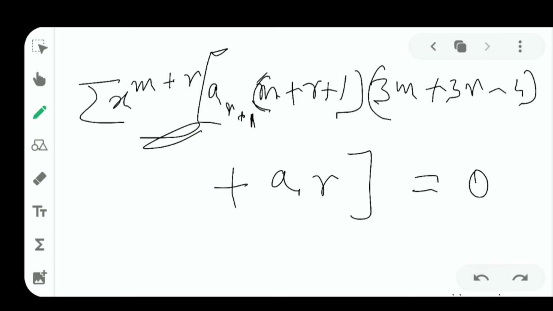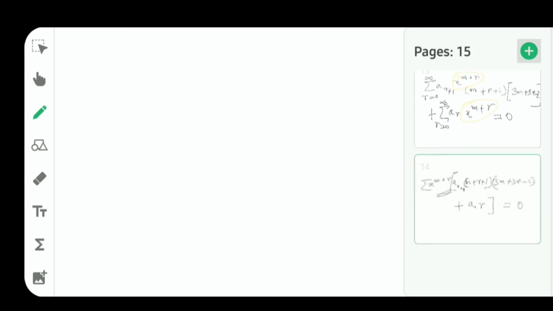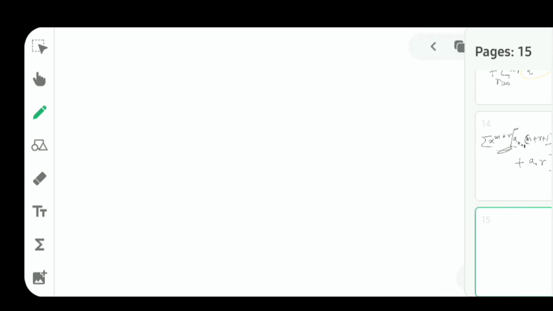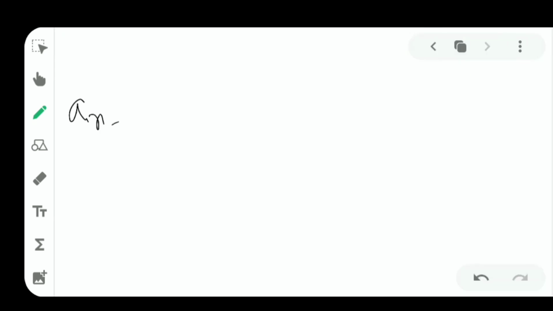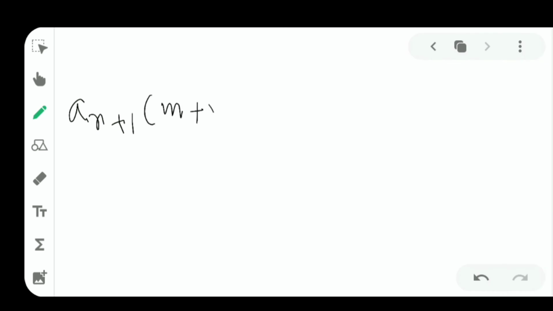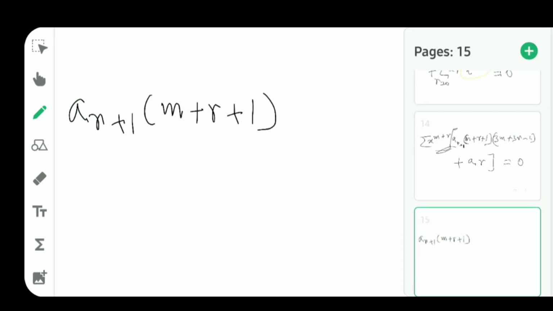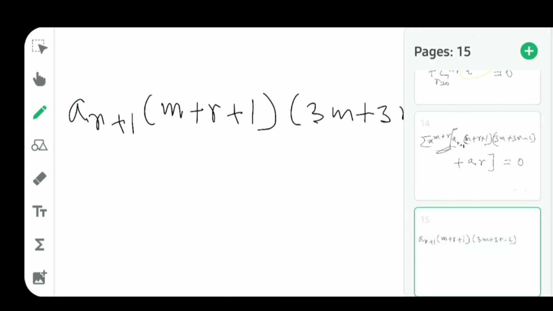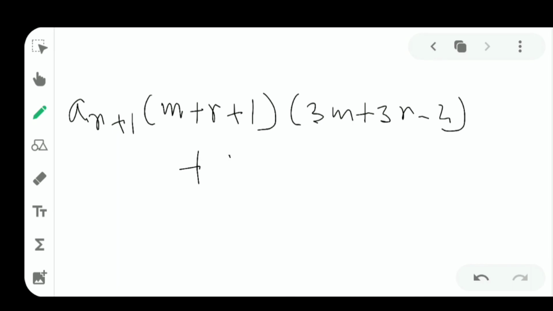So a_(r+1), (m plus r)(m plus r plus 1), plus 3m plus 3r minus 2, plus a_r, will be equal to 0.